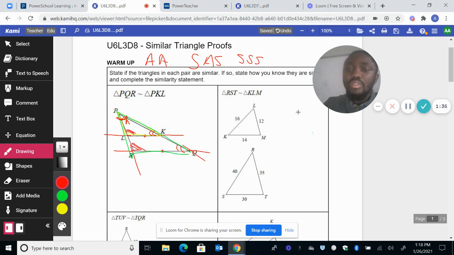So I only need two of these to show that they are similar by angle.